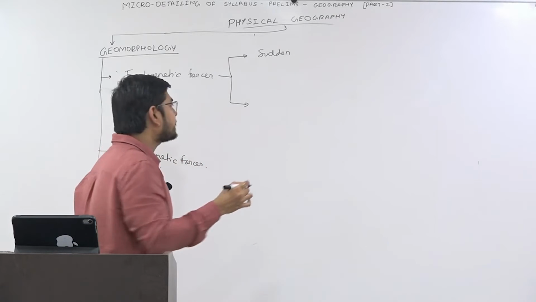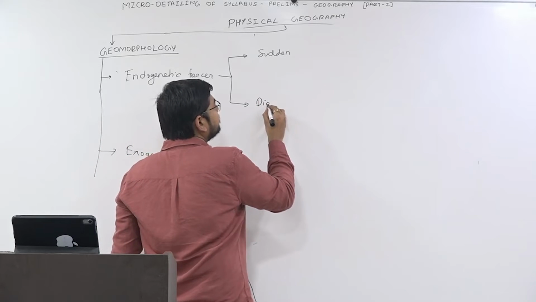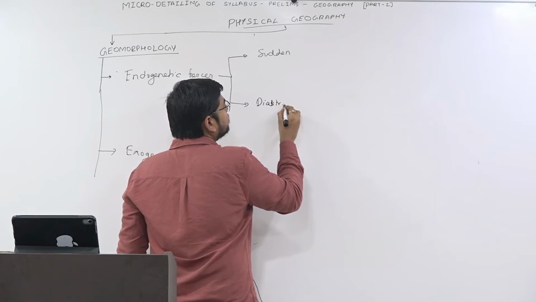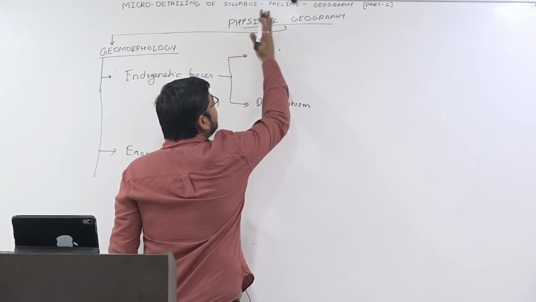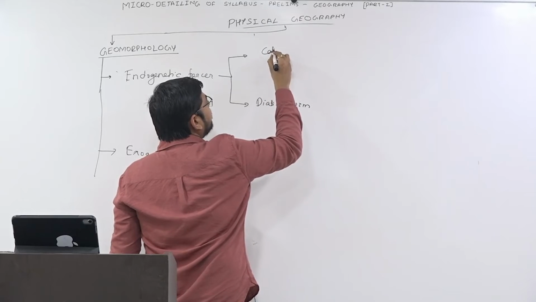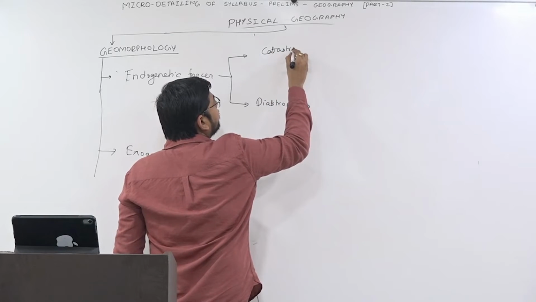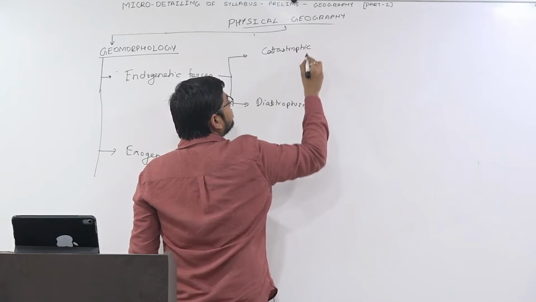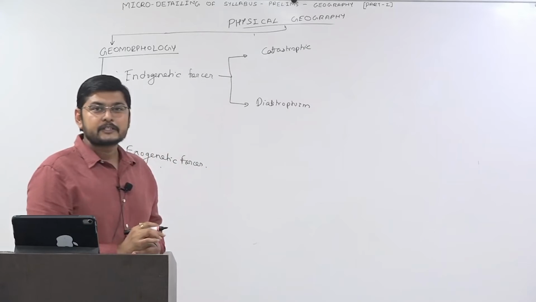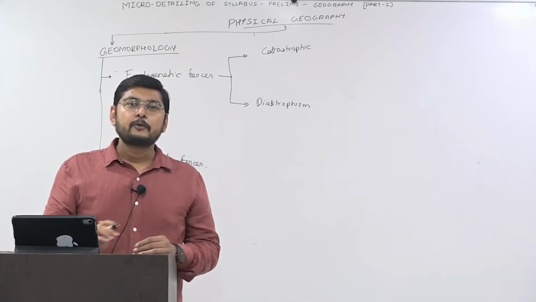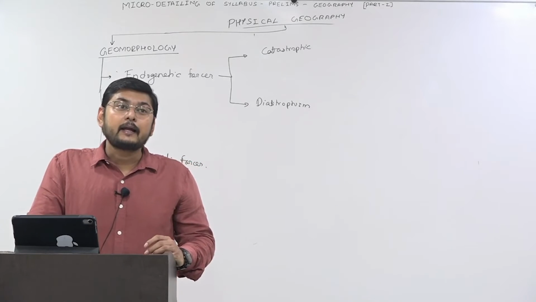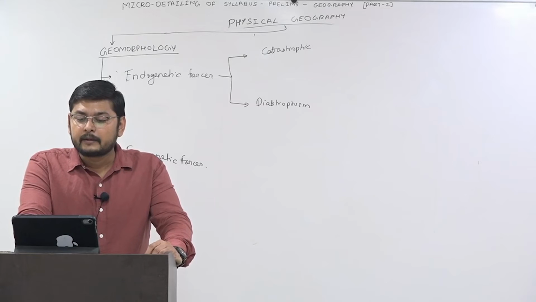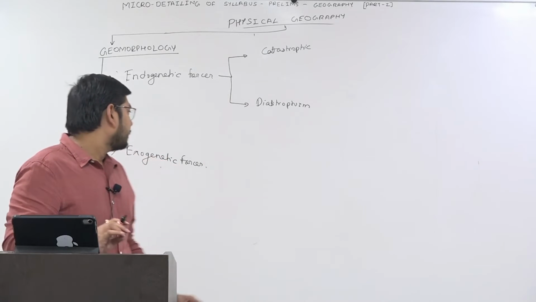Okay, slow forces, that is diastrophism, and sudden is with respect to catastrophic forces. Okay, then we'll be looking at how those classifications result in the formation of continents and oceans, and also mountains.